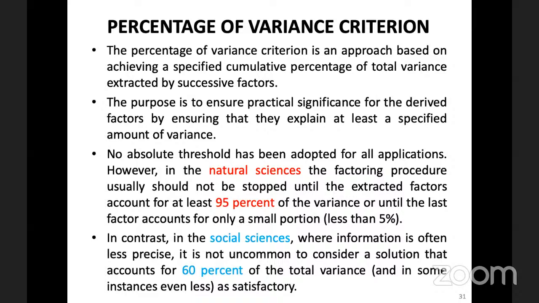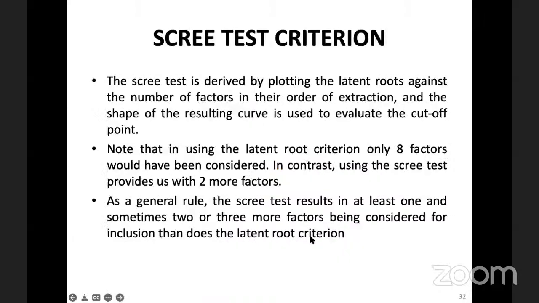In the social sciences, we normally accept that if 60% of the variance is explained by these factors, we can take these many factors. However, in the natural sciences, 95% explanation is expected from the variables you are extracting. You can also decide that if the factors explain 80% of the variance, we will take these many factors. So this again depends upon the author or the researcher.